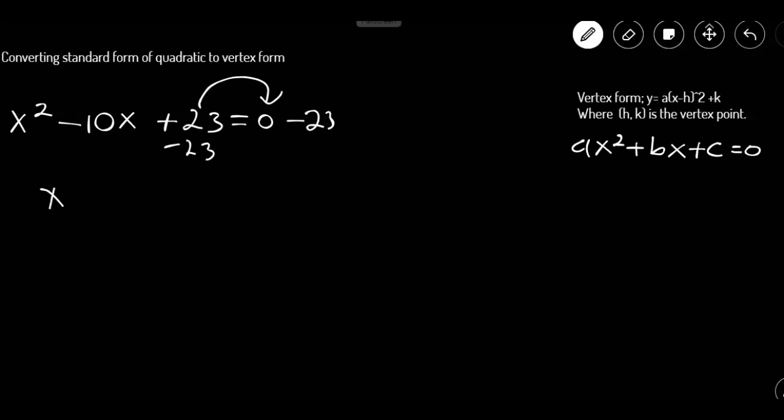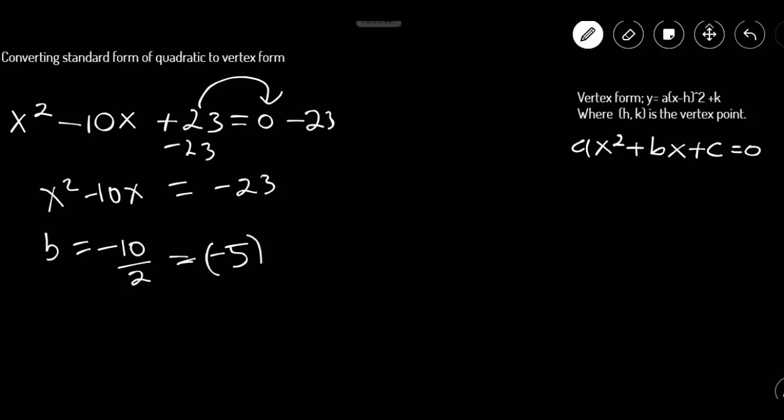So we will get x squared minus 10x. Here we take our b, which is the coefficient of the x, so our b here is negative 10. We divide it by 2 and we get negative 5.